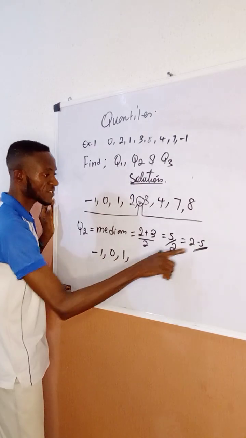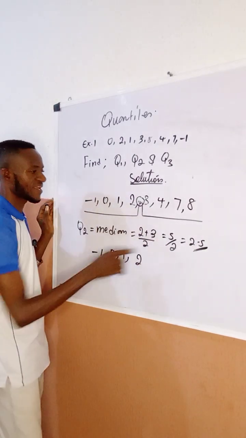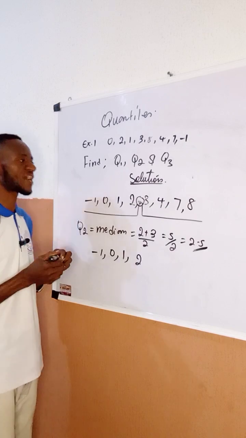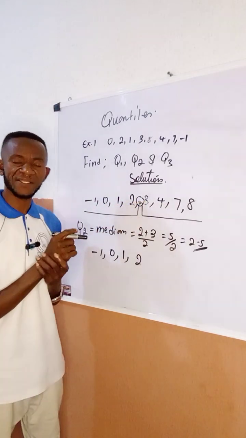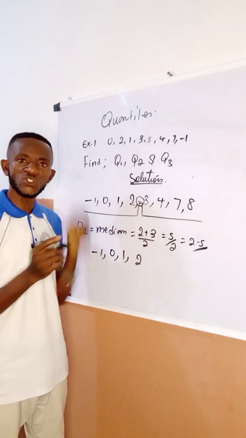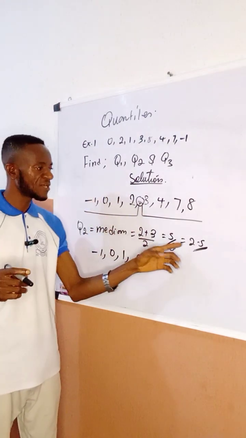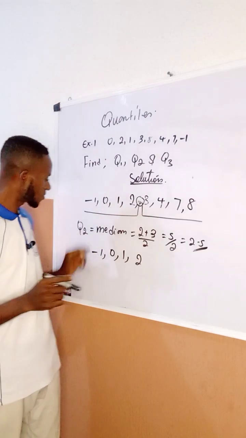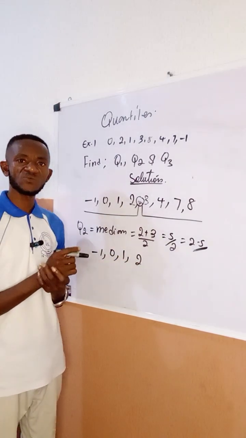This 1, of course, lies below 2.5. These 2, believe me, lie below 2.5. The only thing that did not lie below 2.5 is this 3. So in this case, the half of the observations that lie below this 2.5 is this -1, this 0, this 1, and this 2.